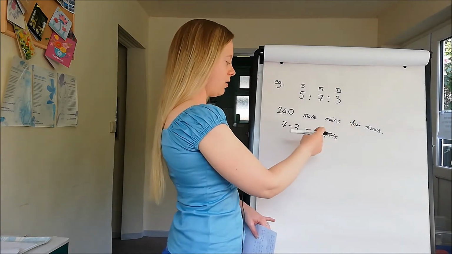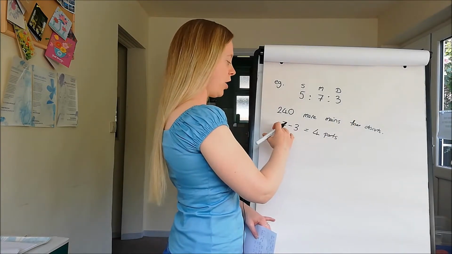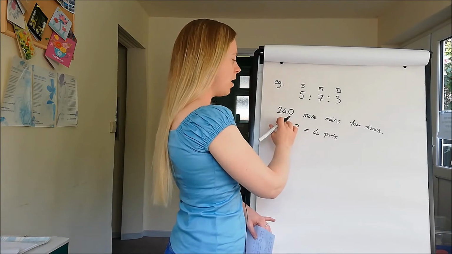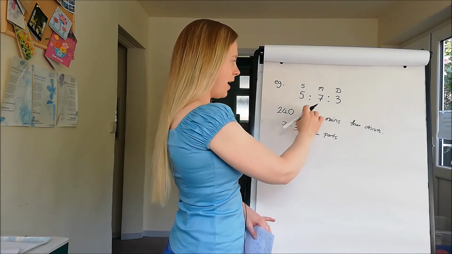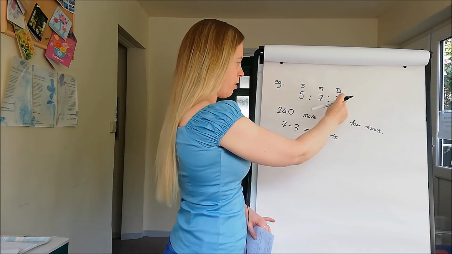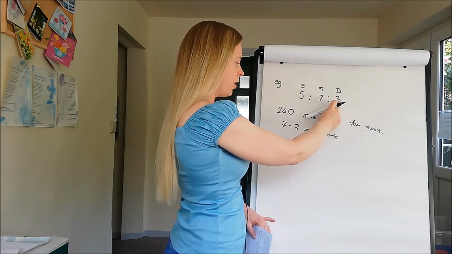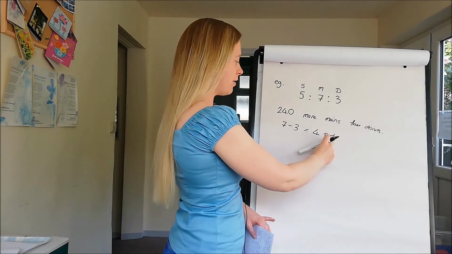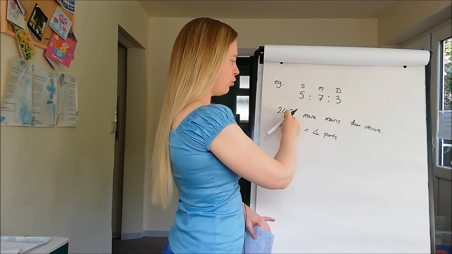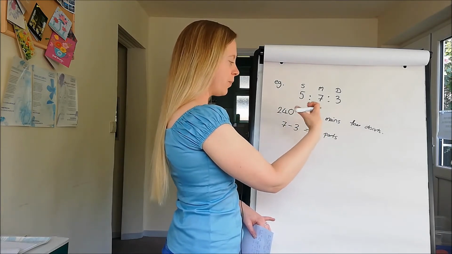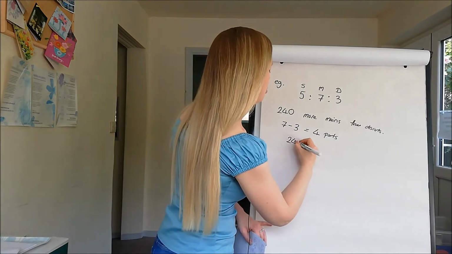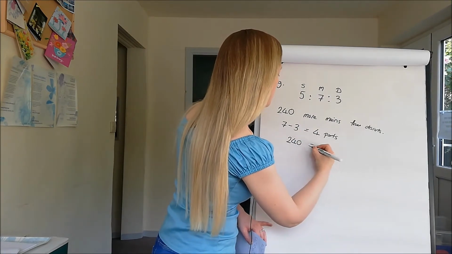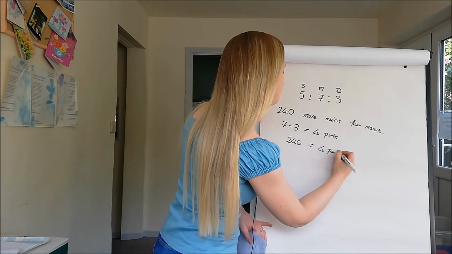So the key to unlocking this question is to do a takeaway, because then we know that if 7 parts mains were sold and 3 parts desserts were sold, that gives a difference of 4 parts, and that equates to 240 actual meals. What we then know is that 240 equals 4 parts.